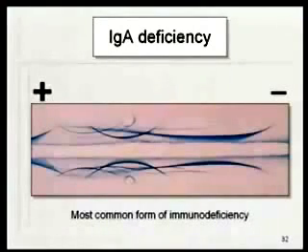In addition to that, there are immunodeficiencies of individual immunoglobulins, such as IgG and IgA deficiencies. The most common of these is IgA immunodeficiency. These patients have low levels of IgA. Consequently, they are susceptible to infections of the GI tract, nasal areas, and pulmonary infections.